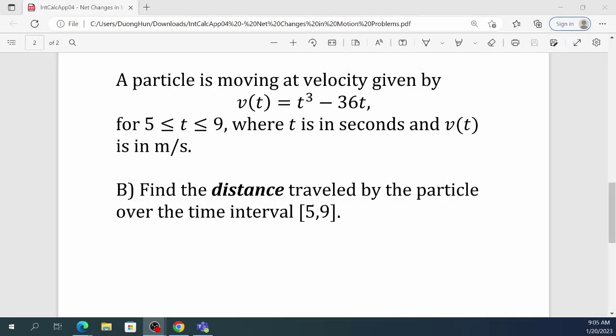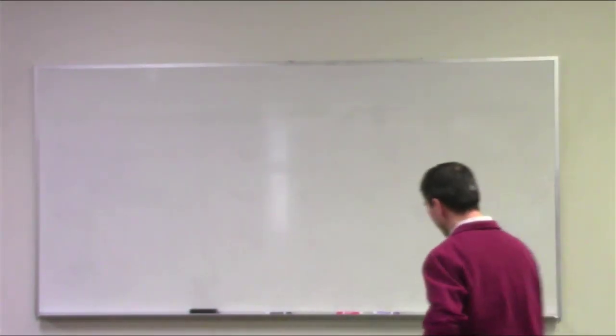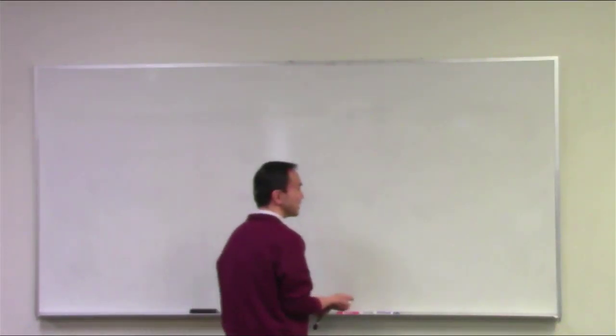Okay, and so now let's look over to part B of that example. This is the question for part B. The idea here is, as I explained yesterday, that displacement is the net change in position.